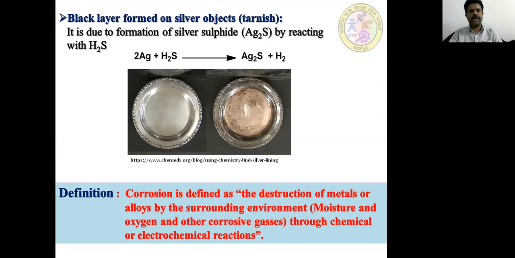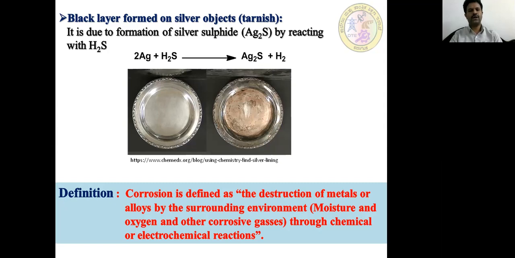Corrosion is defined as the destruction or deterioration of metals or alloys by the surrounding environment which contains oxygen, moisture, and other corrosive gases through chemical reactions or electrochemical reactions.